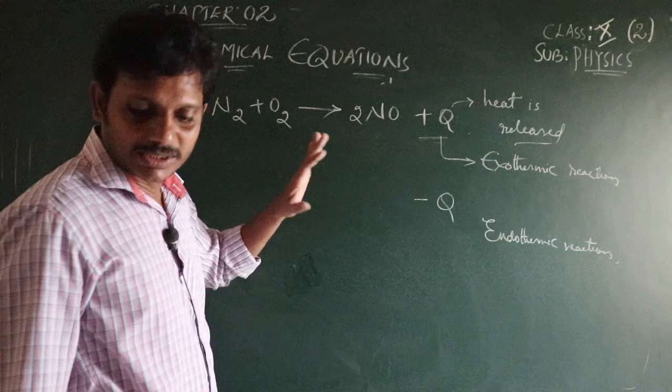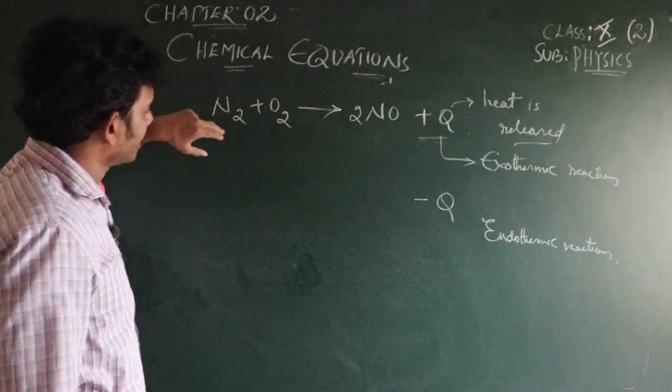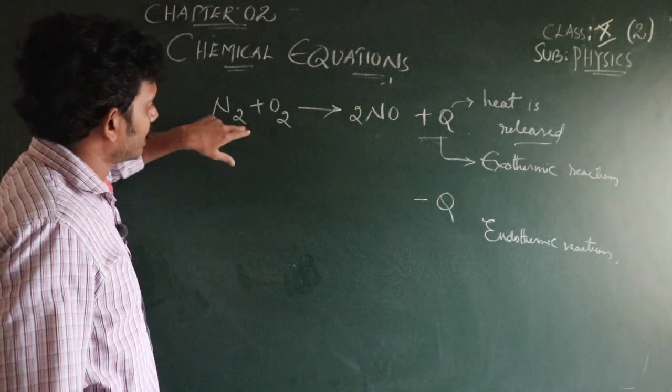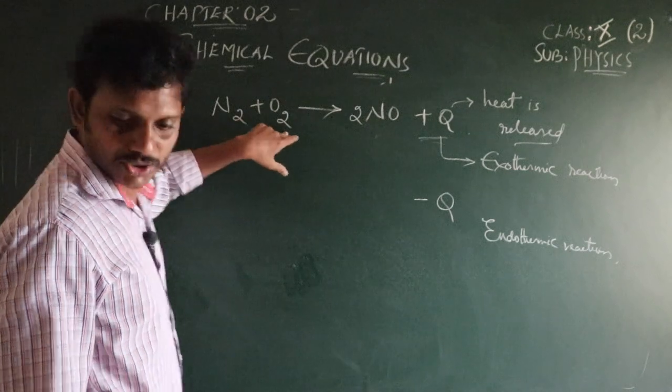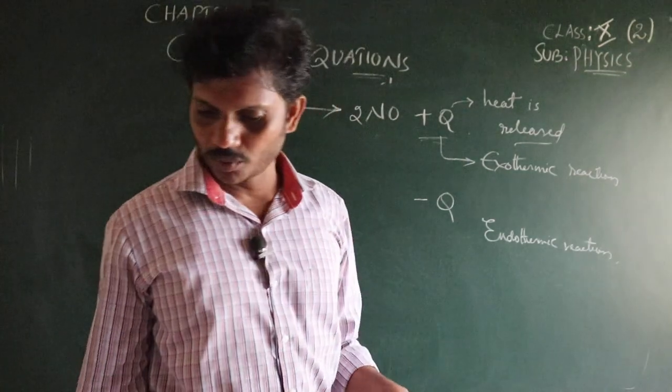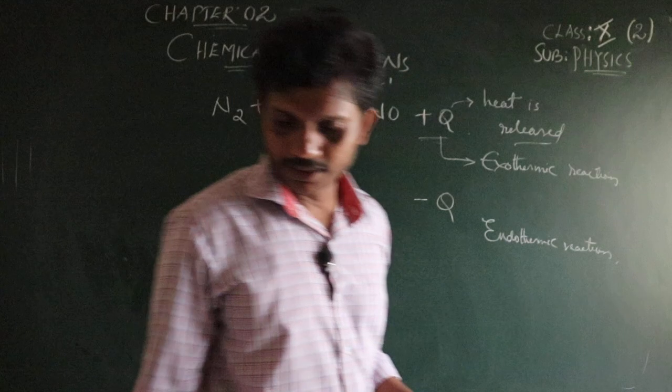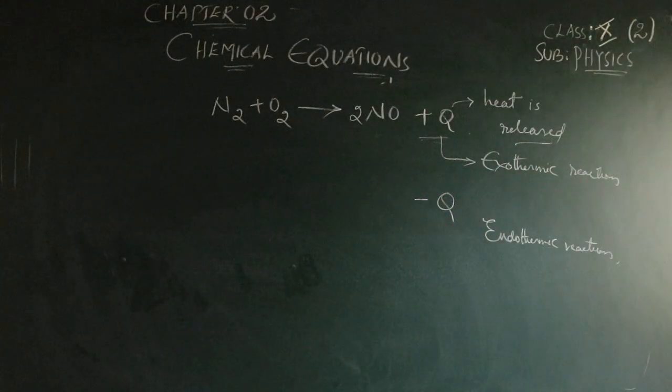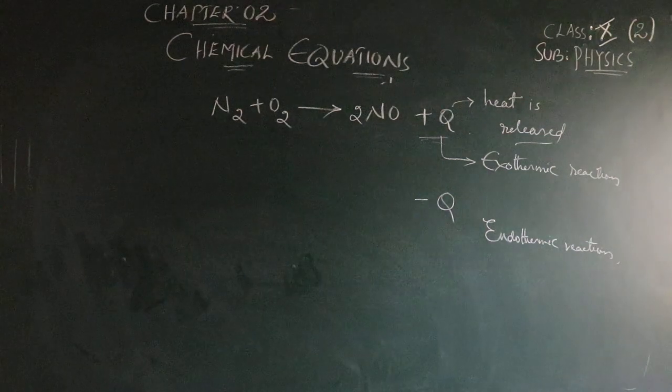So as I said, the number of atoms which are present should not be changed. You can change the number of molecules. Got it? Keep that point in your mind.